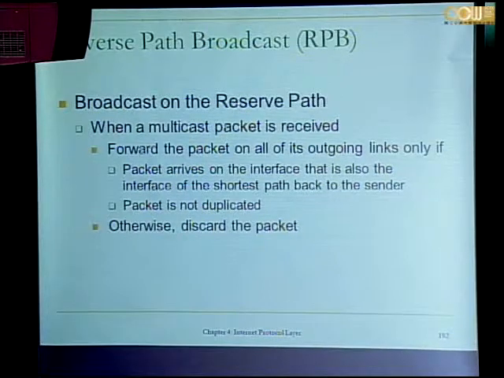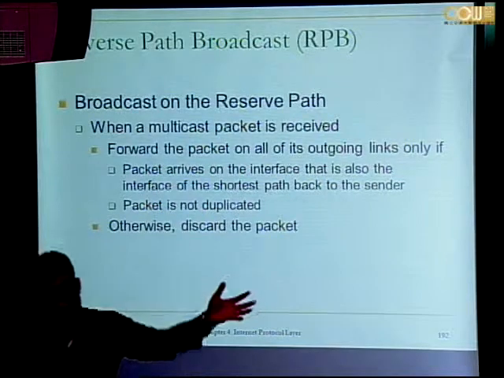Read again: if the packet arrives on the interface that is also the interface of the shortest path back to the sender. If the packet is on its shortest path, then I will forward it, and that's called reverse path forwarding.